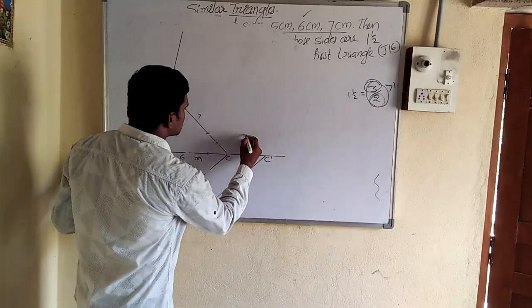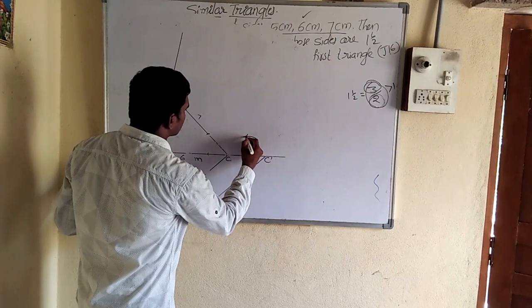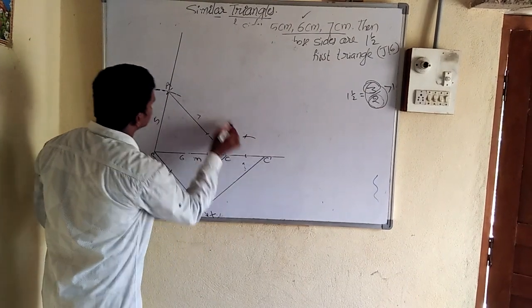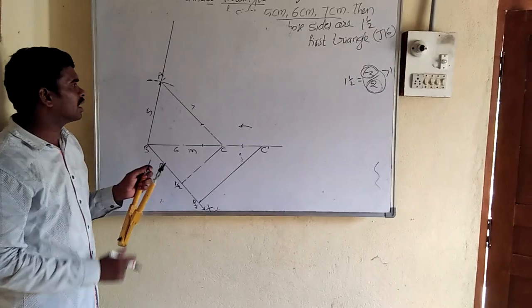So this is the intersecting point. Now join C dash to the intersecting point, you will get a parallel.